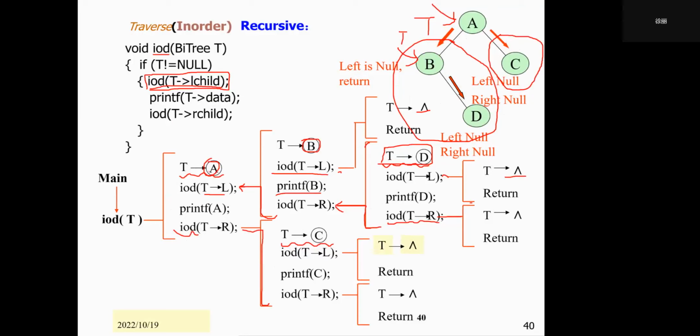Because in C language or other languages, when you write a recursive program, the system will supply the stack to execute the program, because we need to store the variables, the parameters of the function, and the return address.